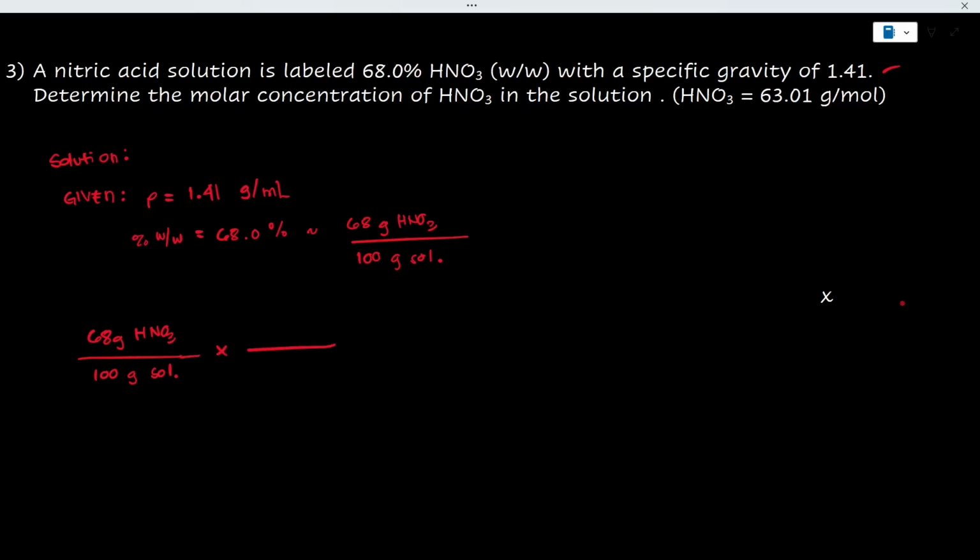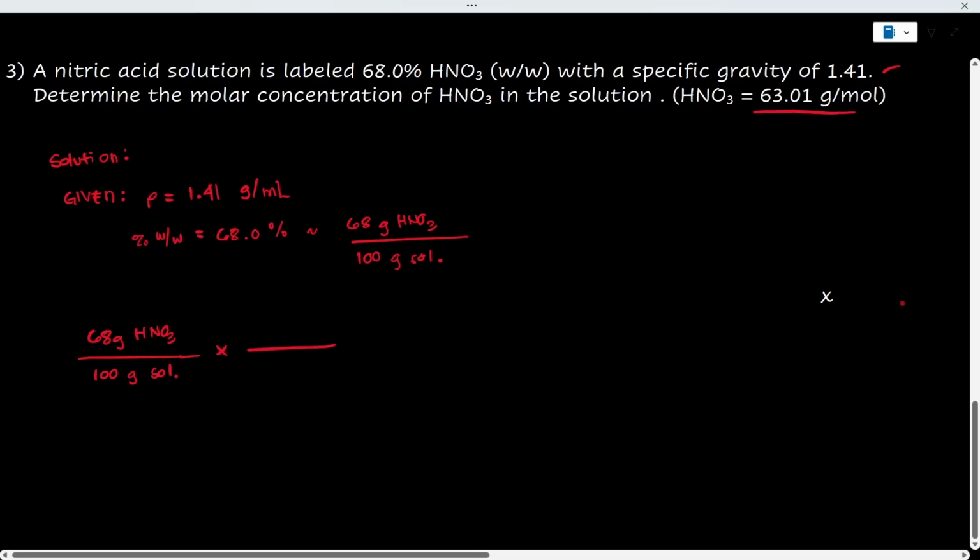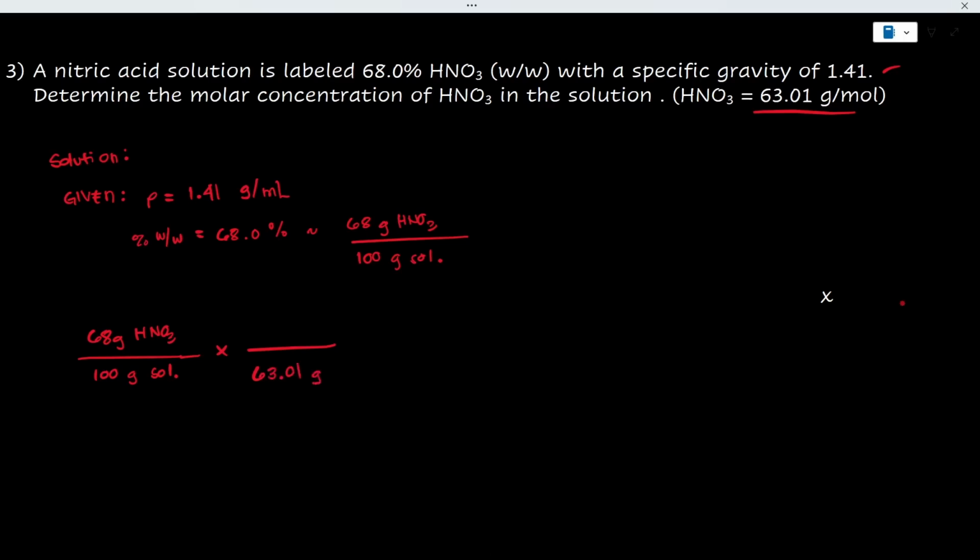Then let's use the molar mass, which is given here, 63.01 gram HNO₃ is the mass from 1 mole of HNO₃. Okay, so now we can cancel the gram unit. Then after that, let's use the given density from the specific gravity, which is 1.421 grams per ml. We can cancel the grams of solution.